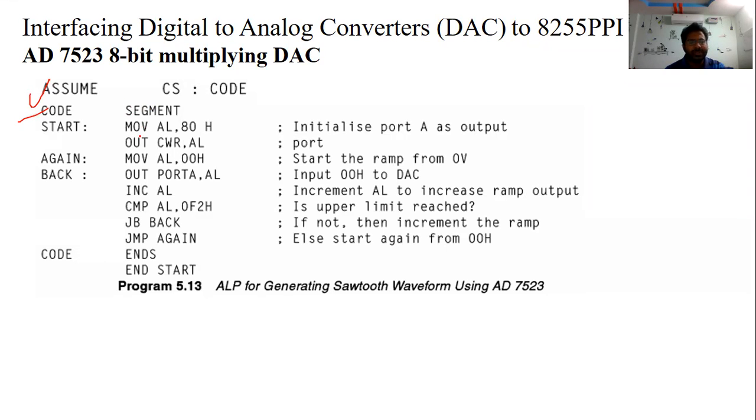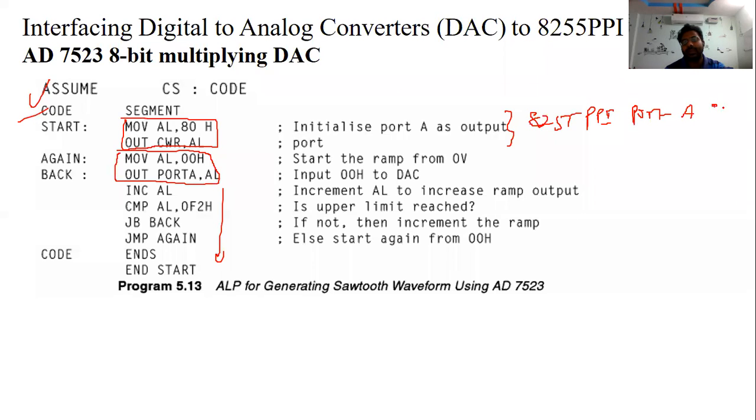Again, two steps are common for both. These two steps are equal. Then the remaining steps follow. What are the two steps? Initializing the 8255 PPI with port A as an output port.